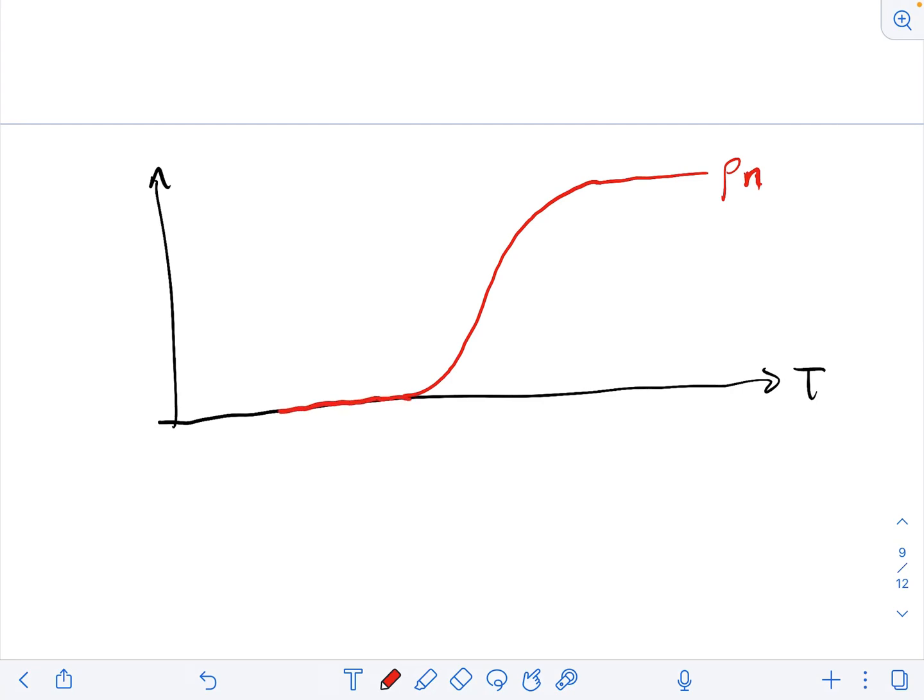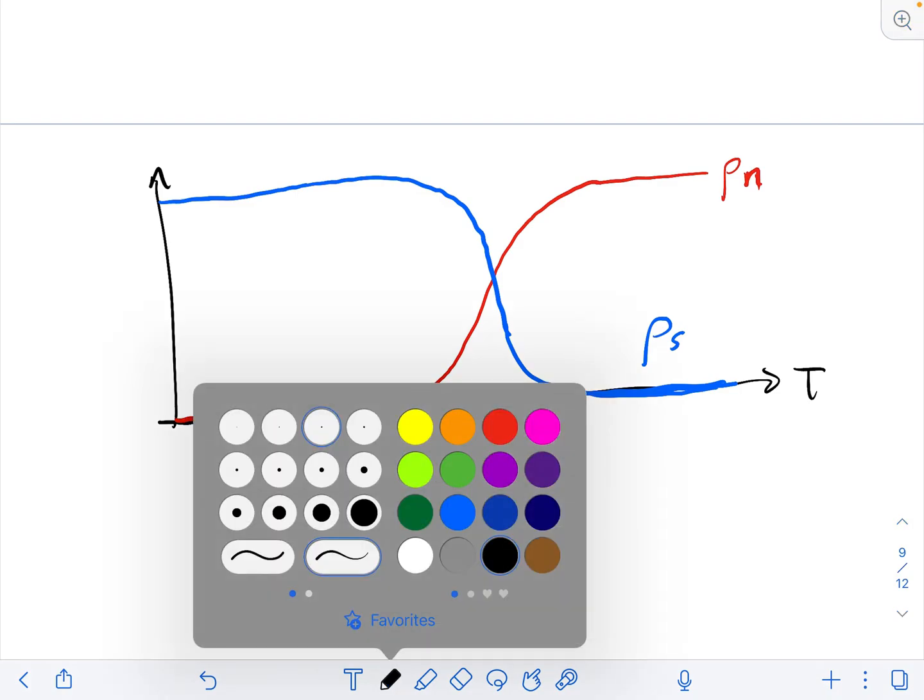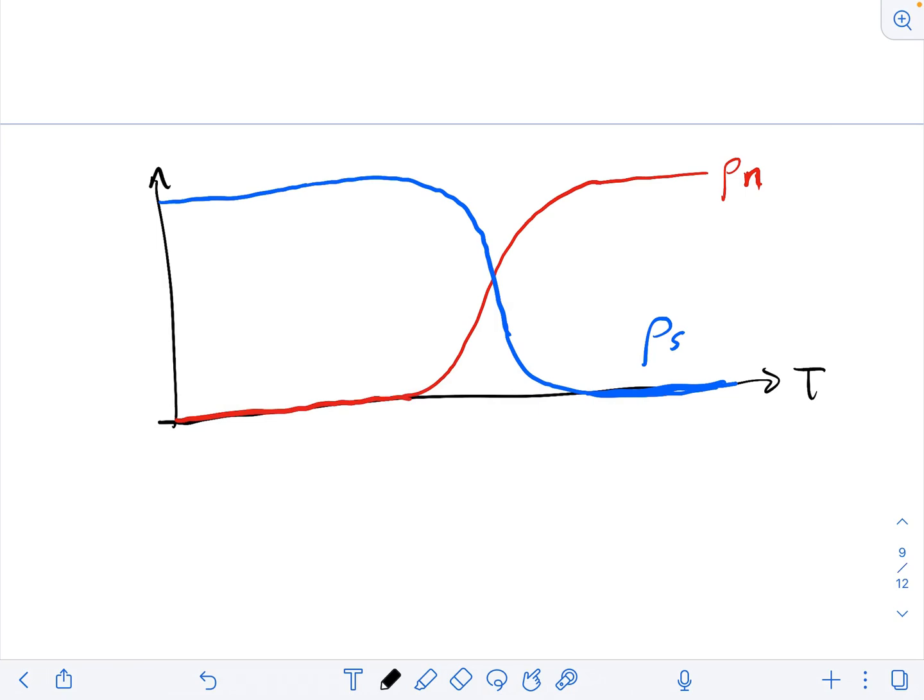On the other hand, the superfluid fraction is basically all superfluid at the lowest temperatures, and then as we go higher in temperature, we go through this transition, and then the superfluid fraction vanishes above the transition temperature.